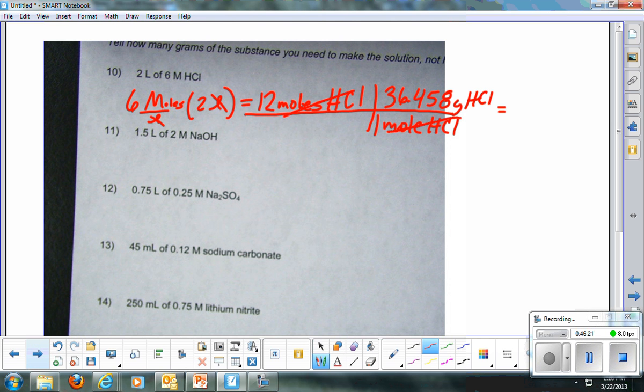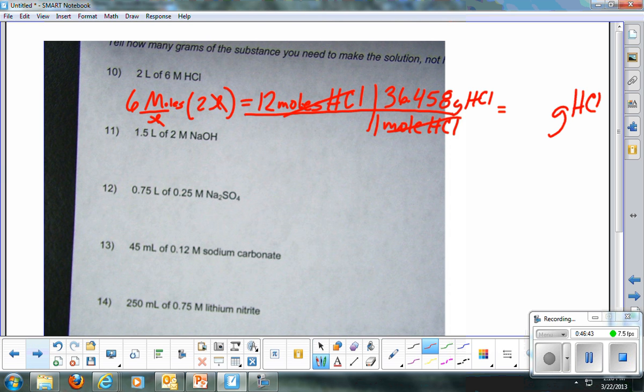Yep, that's adding up a hydrogen and 1 chlorine. Then times that by 12, you got your answer. Grams HCl. Done. How many significant figures? 1. So really, you just times those 2 so I can get moles.